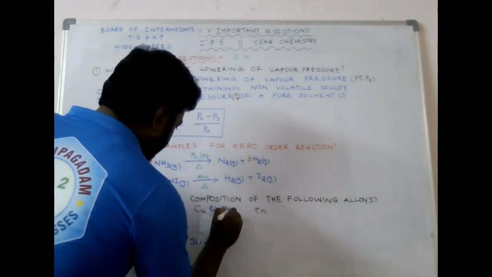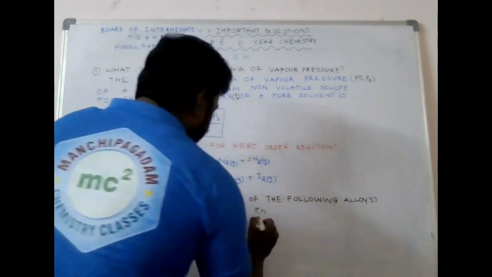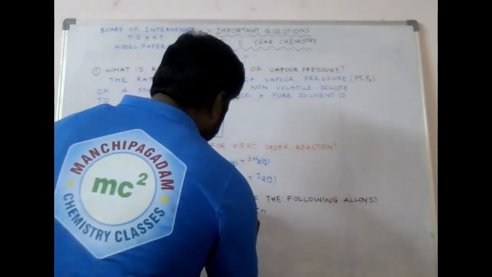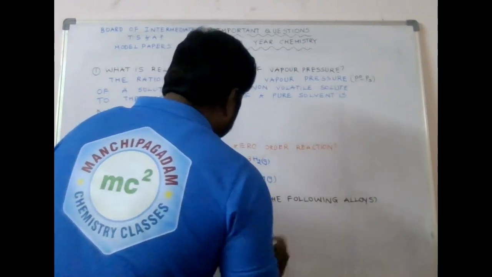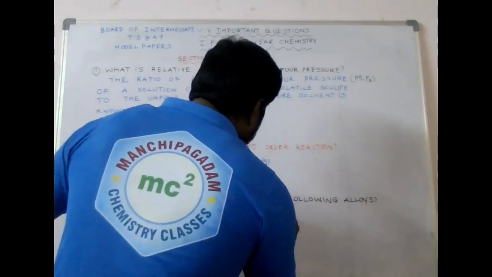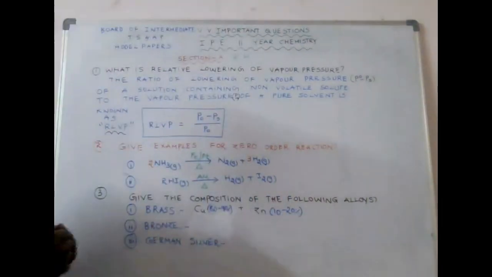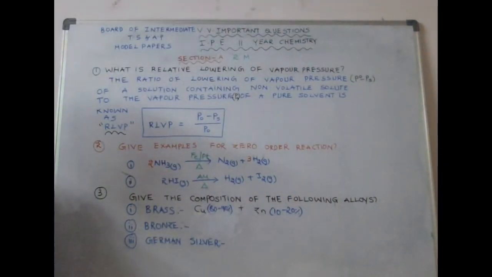And zinc is the remaining part. That is 10 to 20%. Copper 80 to 90% and zinc is 10 to 20%.